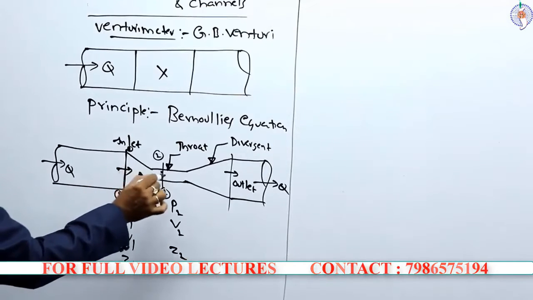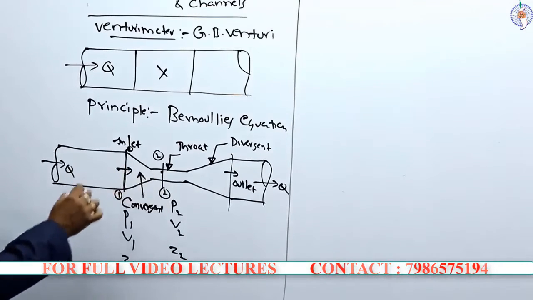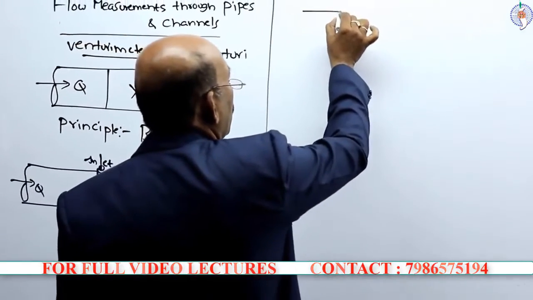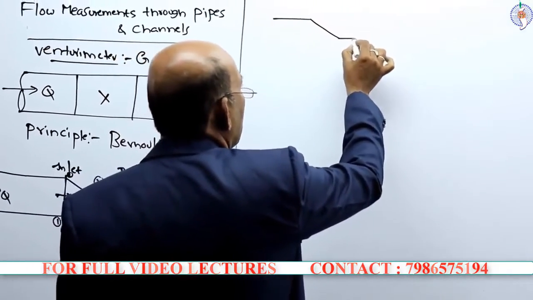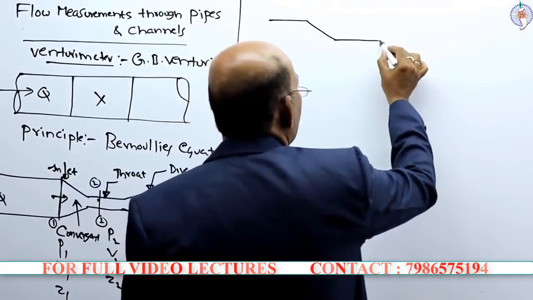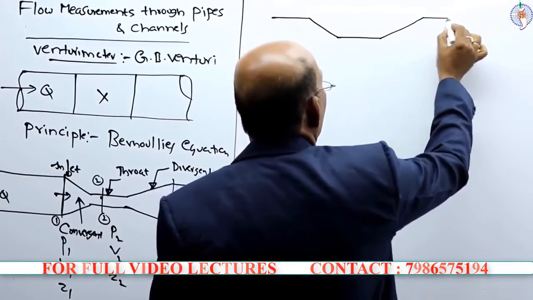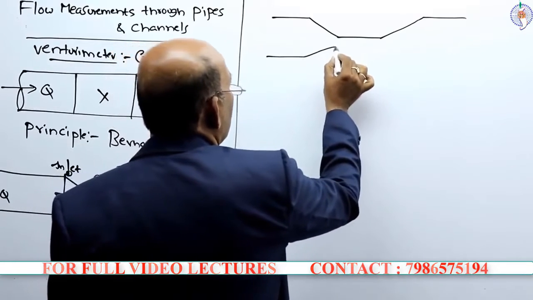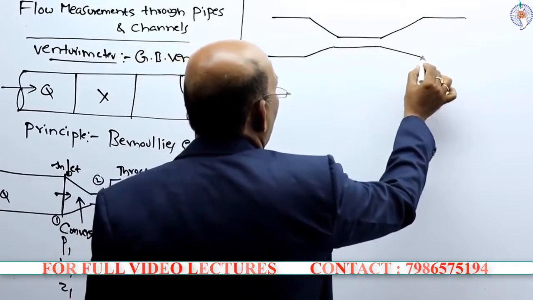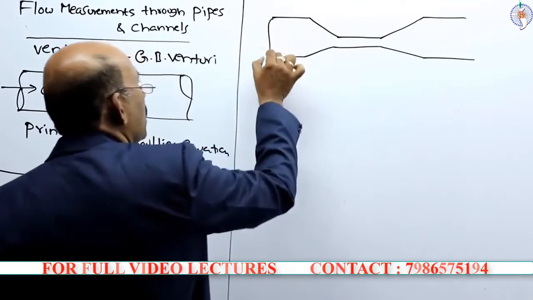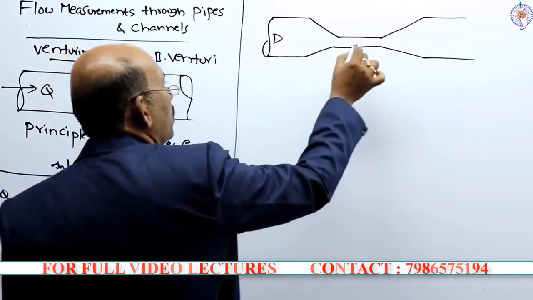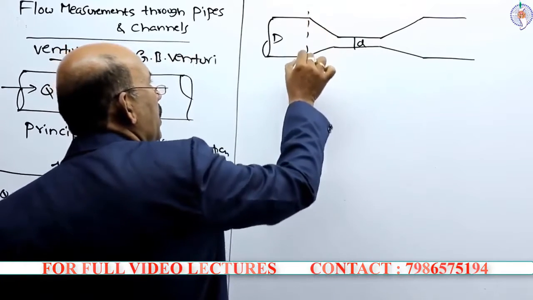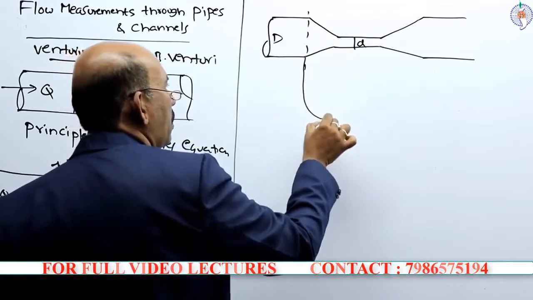Here the pressure is more, here the pressure is less, and accordingly I connect the manometer to the Venturi meter. The diameter here is d, and here it is small d, which creates the pressure difference.